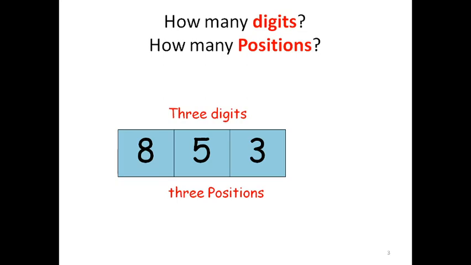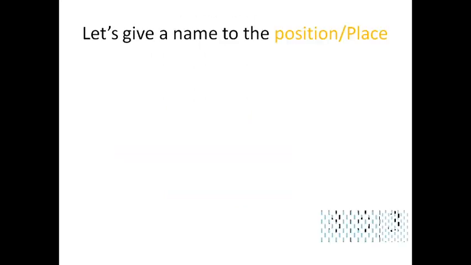Okay, now you know that when a number is given to you, you can identify how many digits and how many positions that number includes. For a given particular number, we need to identify the position names or the place names.